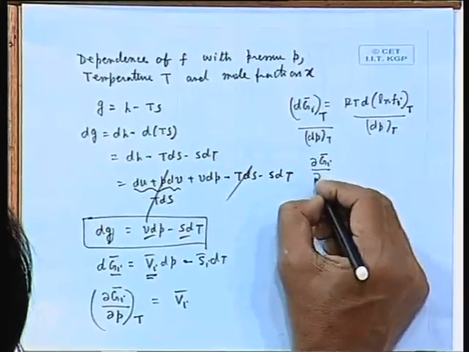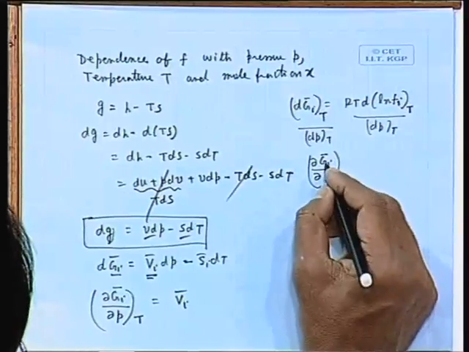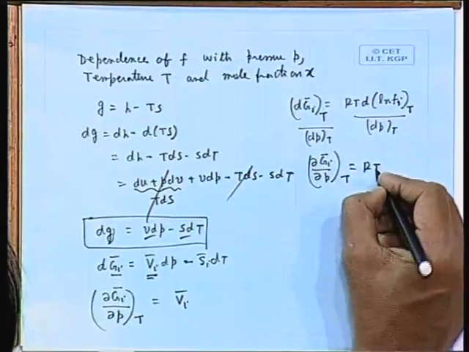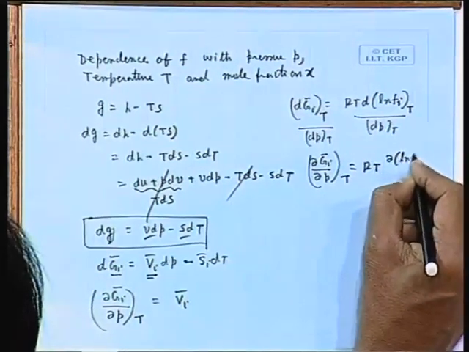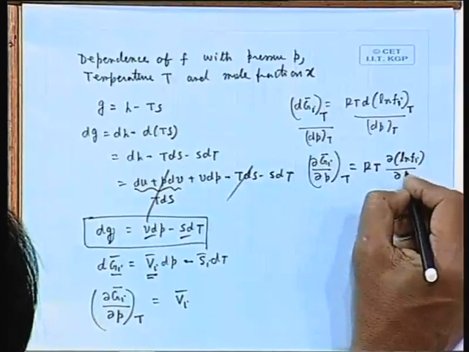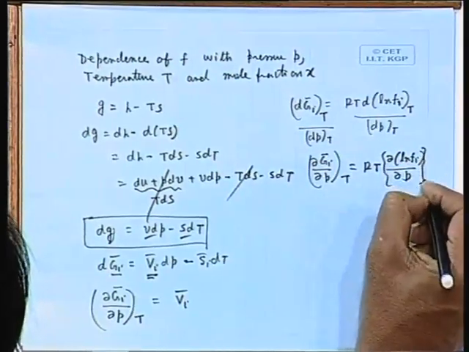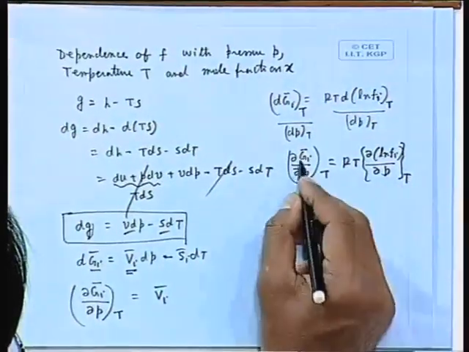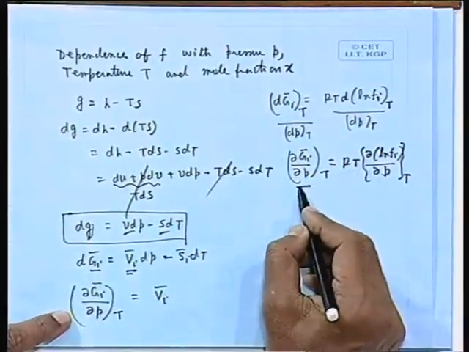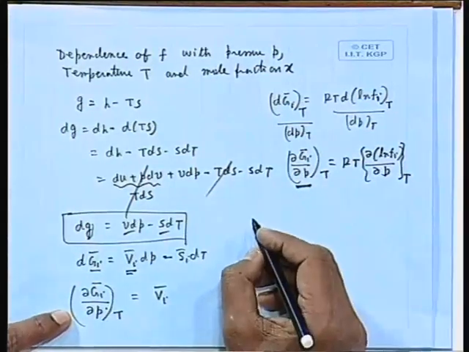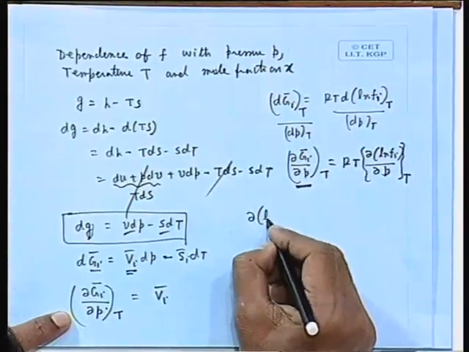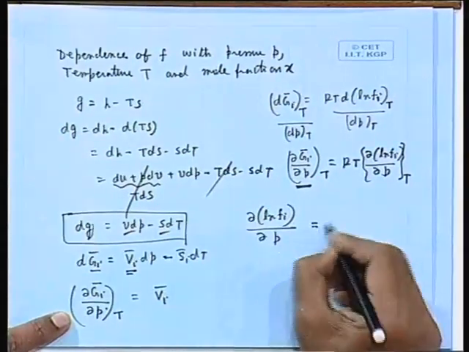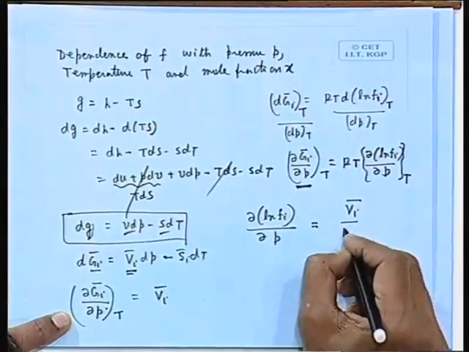Well, now if I equate this with this, then we get ∂ln Fi/∂P is equal to Vi bar by RT.